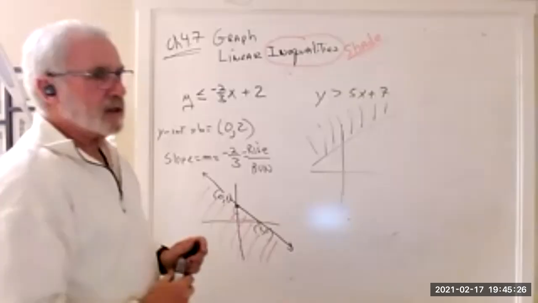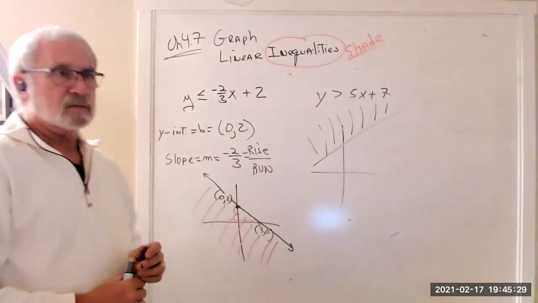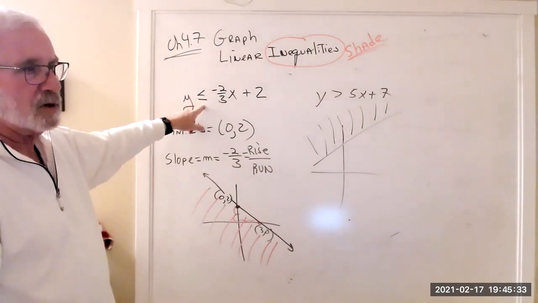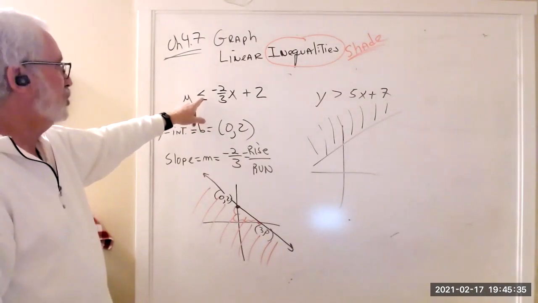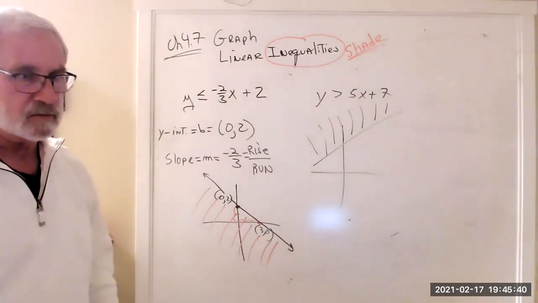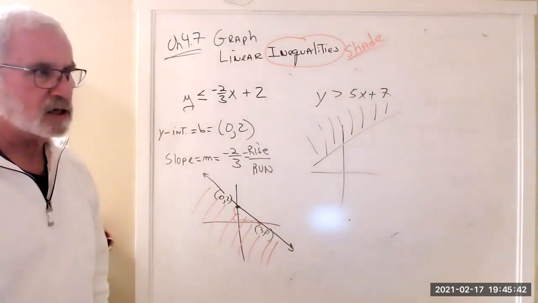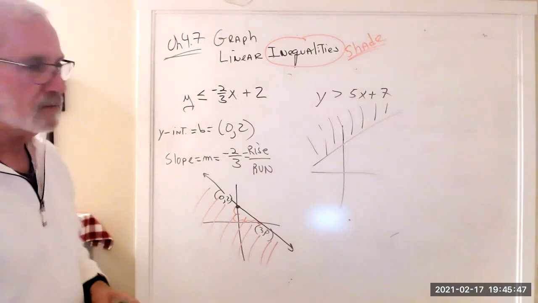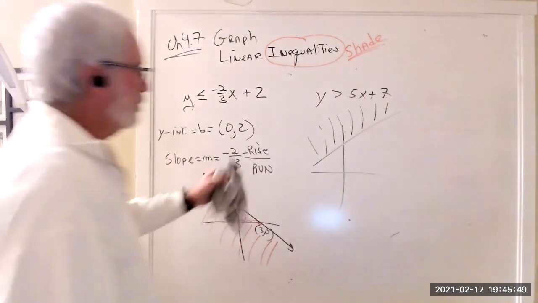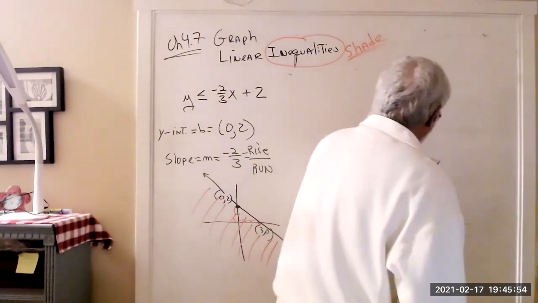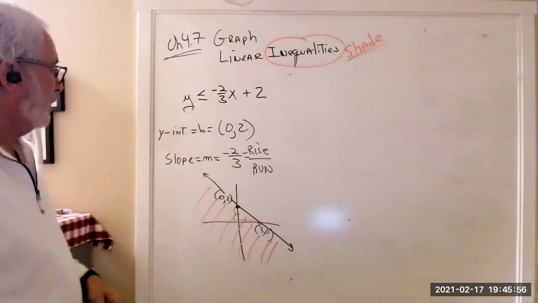And we don't need a test point to figure that out? No, that's why it was called the shortcut. You can avoid the test point by using the less than or the greater than to tell me where to shade. If it's not in slope intercept form, then I have to use the test point, which is what we're going to do right now. Is that all right with everybody?